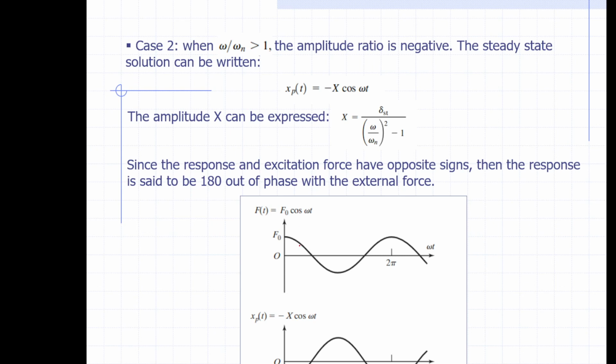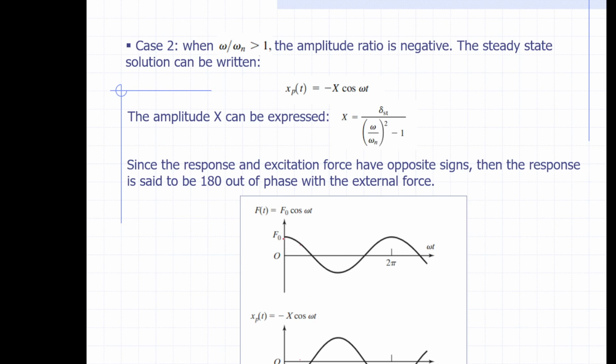Then the phase of the particular solution is 180 degrees out of phase from the external force.